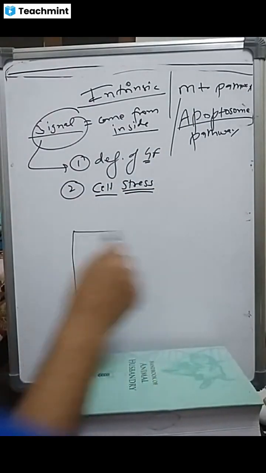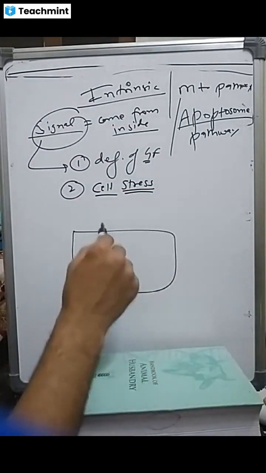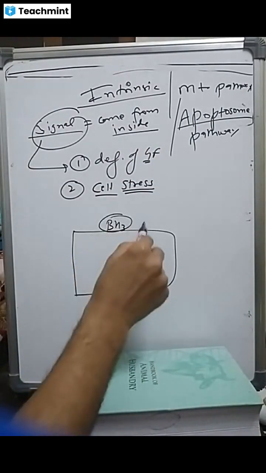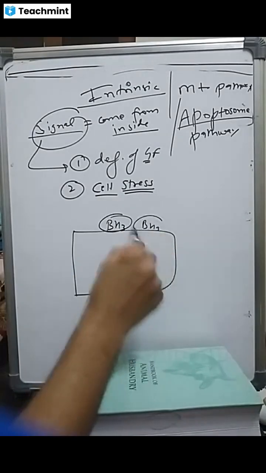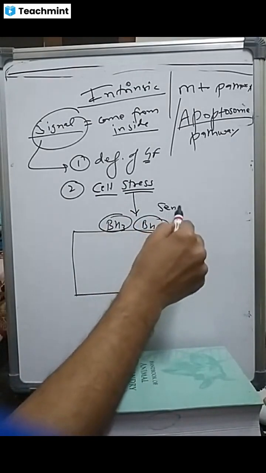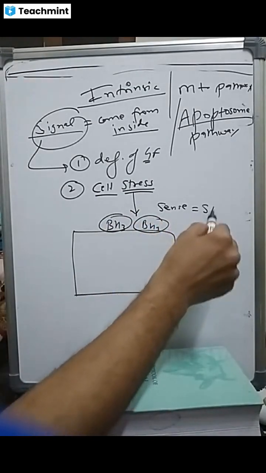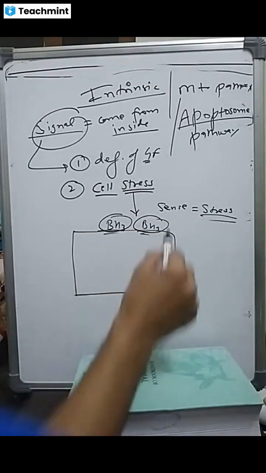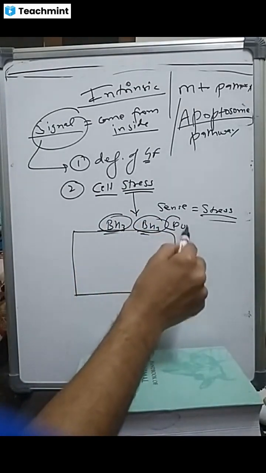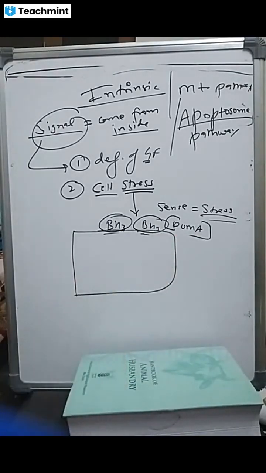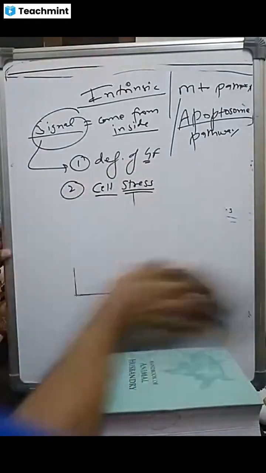On the surface of the cell we have BH3 family proteins. They will sense the stress. An example of BH3 is PUMA. So these are the signals.